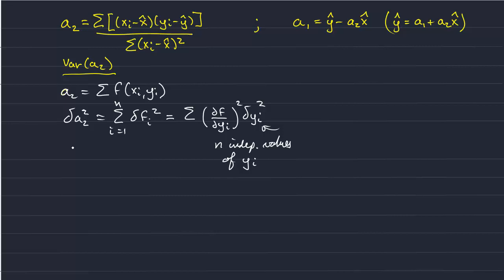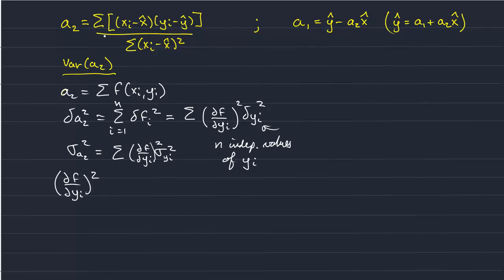And so we can write a similar equation for the variance of a2: it is equal to the sum of the square of the partial derivative of f with respect to yi, times the variance of yi.